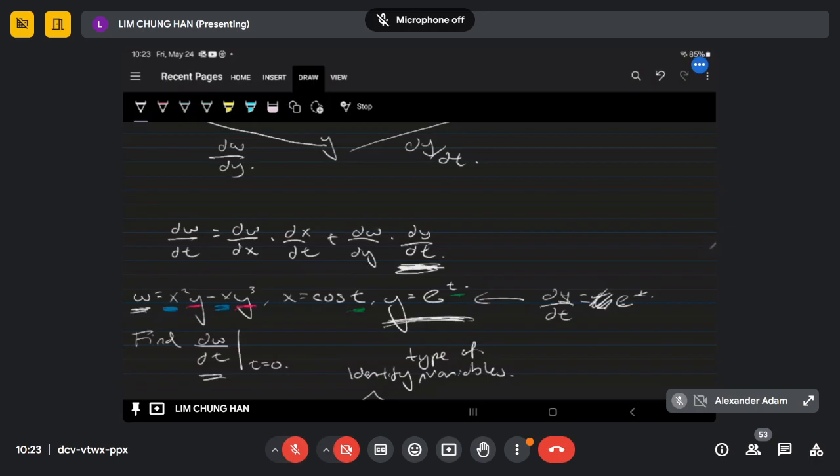Correct. So if y is e to the power t, you differentiate dy dt, you still get the same thing. Nothing changes.